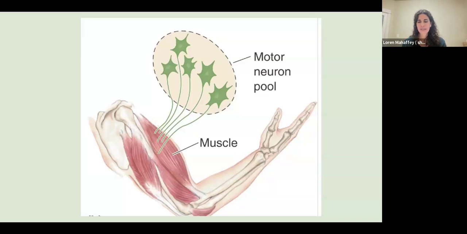What this can do is create an imbalance in a muscle itself. When we learn more about muscles and joints, this can really speak to how the clarity of joint movement may need to be supported by learning how to activate more of the motor neurons that stimulate a muscle.